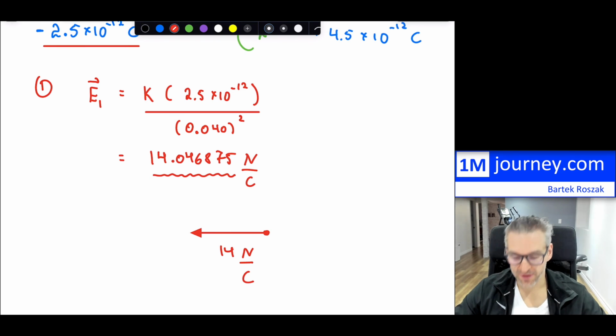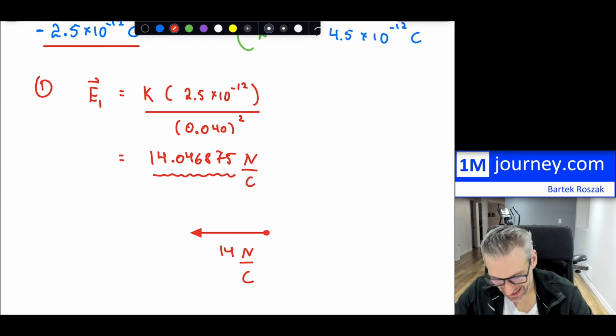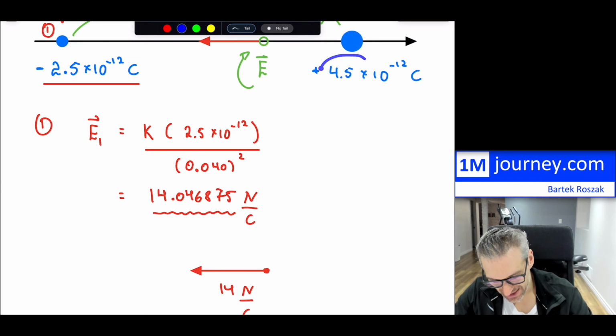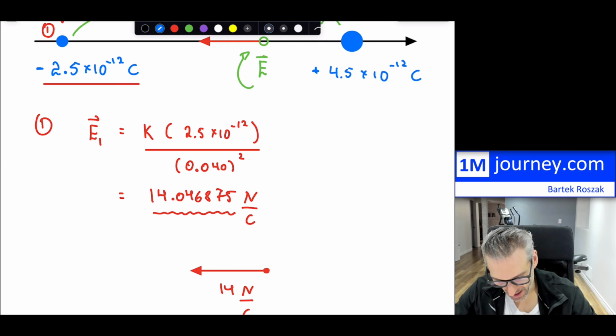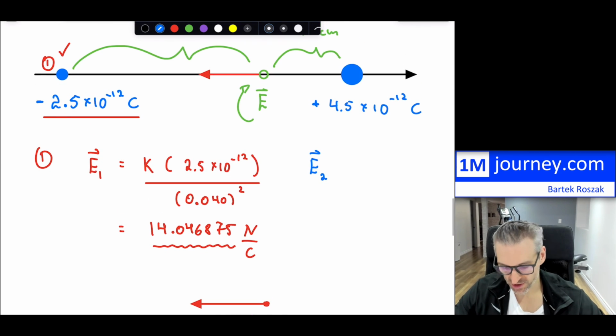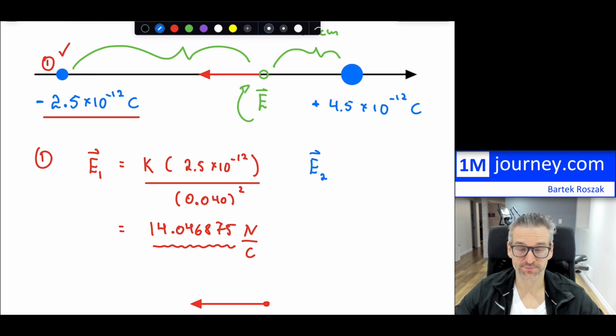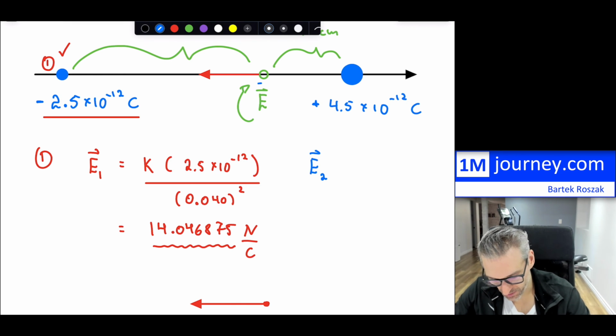Now we're going to have to do the same exact thing, but caused by this second charge. So now I'm going to switch this back in here. Let's call this E2. Again, the question is, which direction? The direction is going to be pushed away, so it's going to get pushed in this way because it's a positive charge.